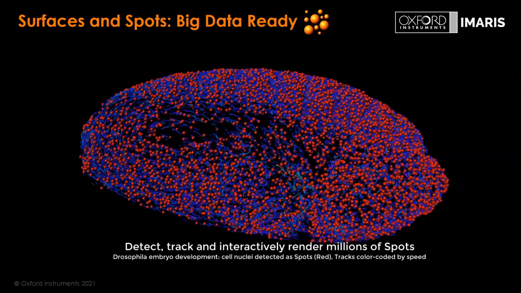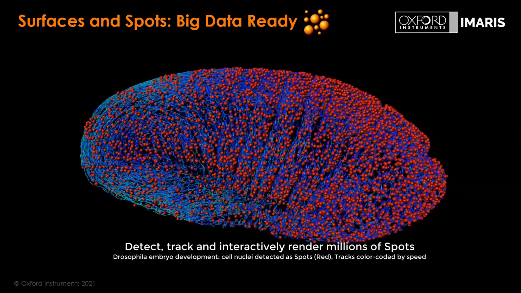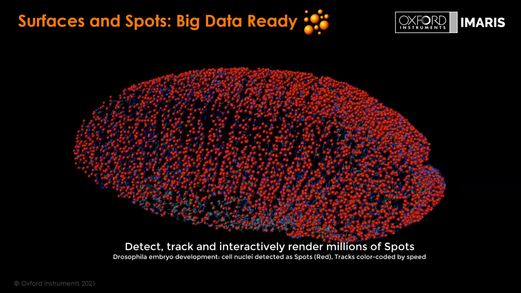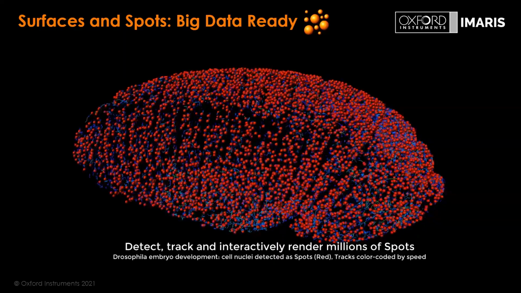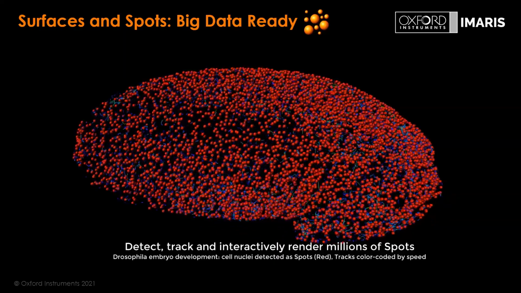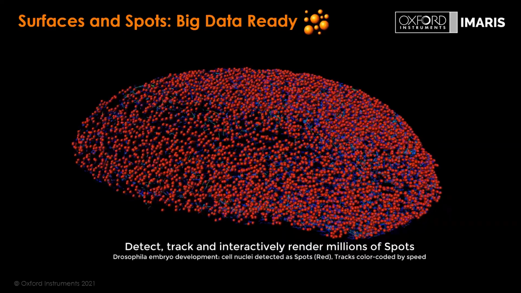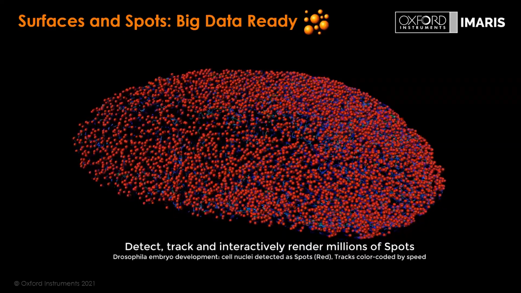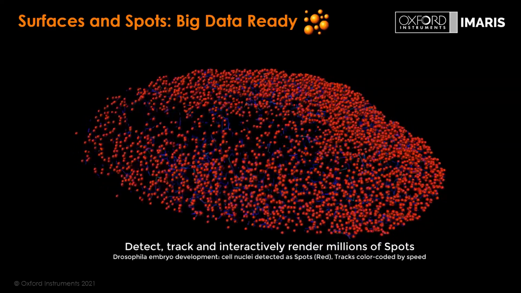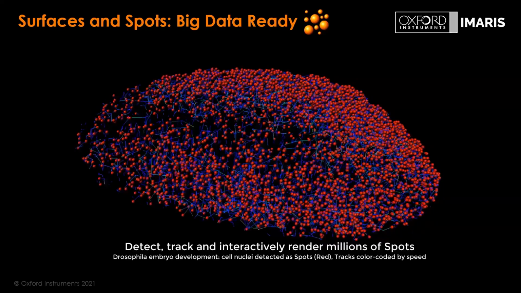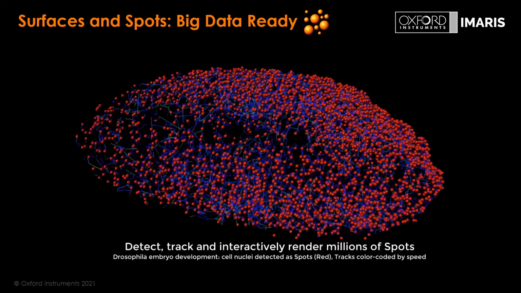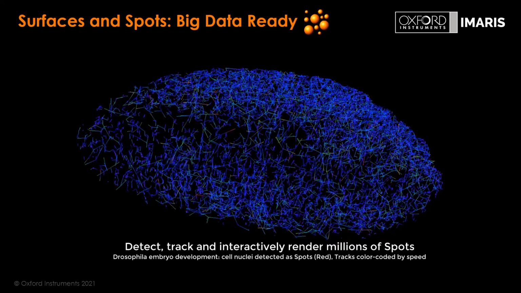And this is a little bit older slide now, because since the last release, filament is also big data ready, okay? So we can now also use filament tracing, for example, on light sheet data without having to wait 5 days for a result, okay? So this is also one of the new features I would like to talk about today. But definitely spots and surfaces are big data ready, so you can work with very large data as well.